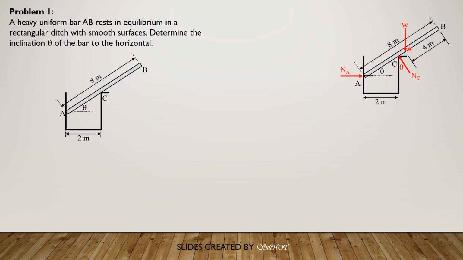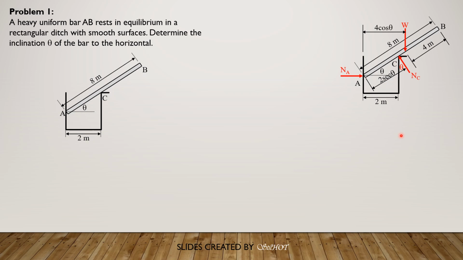Then the horizontal distance of the weight from N sub A is equal to 4 cosine theta. The distance of C from A is equal to, because this is 2 meters, 2 over cosine theta, or simply 2 secant theta. And of course, the horizontal distance of the weight W from A is 4 cosine theta.